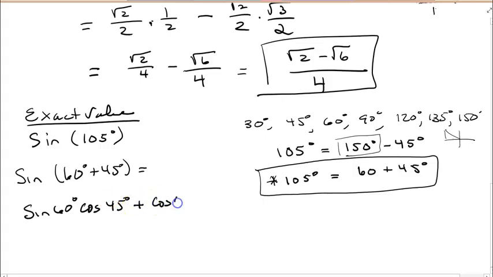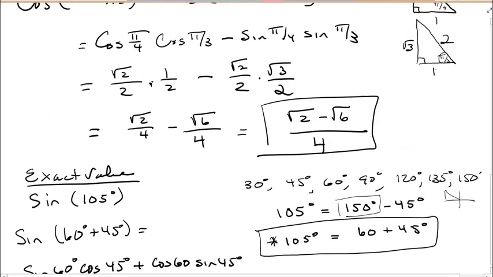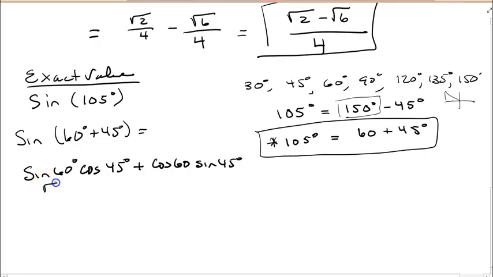plus cosine 60 and sine 45. Sine 60, well, we kind of had it up there because pi over 3 is 60 degrees, the square root of 3 over 2. So this one is square root of 3 over 2 times square root of 2 over 2. You can put your angles together.